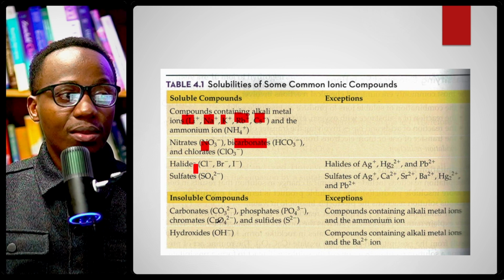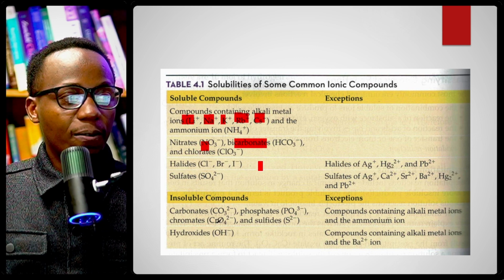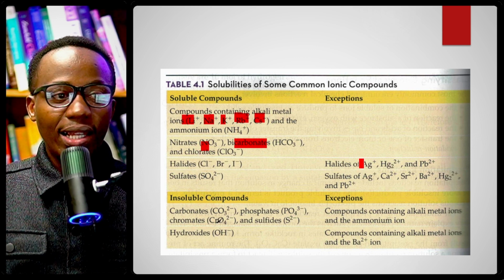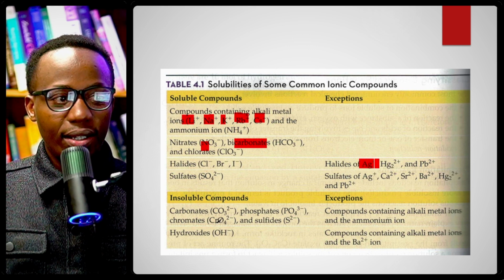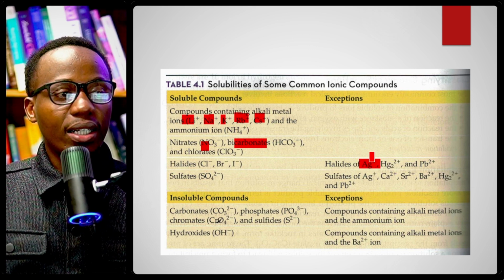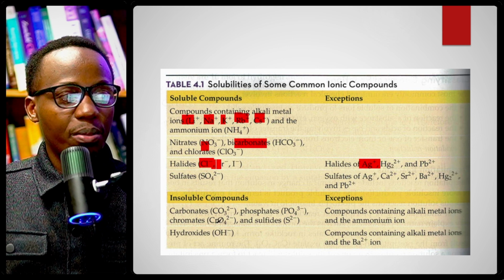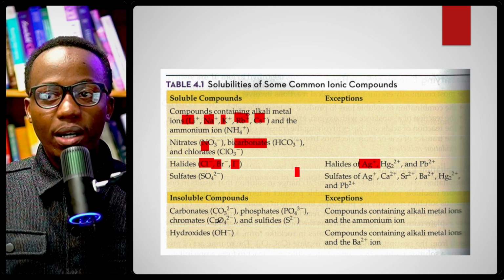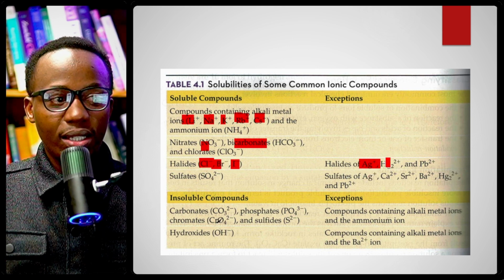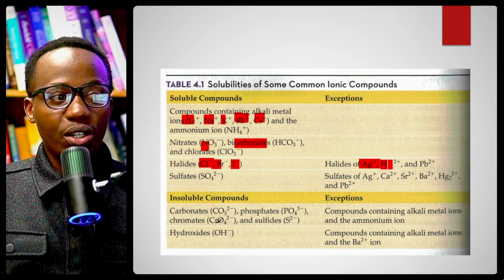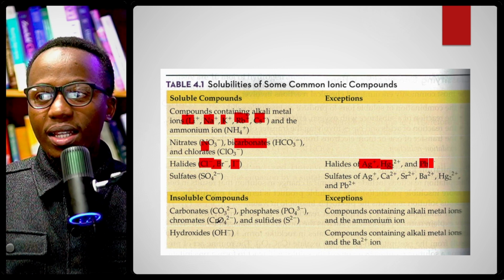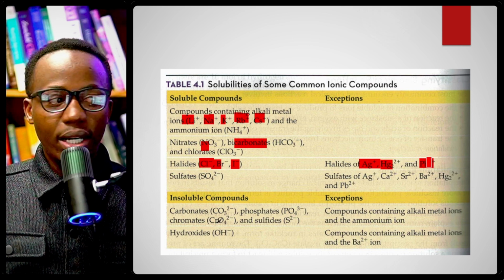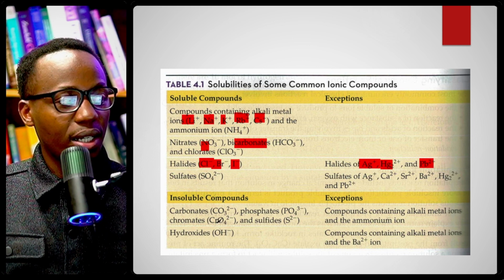But sometimes if you have a halide, a halogen like chlorine, bromine, and iodine bound to a metal like Ag, which is silver, or Hg, which is mercury, or Pb, which is lead, these will be insoluble, right? These are the rules of solubility.